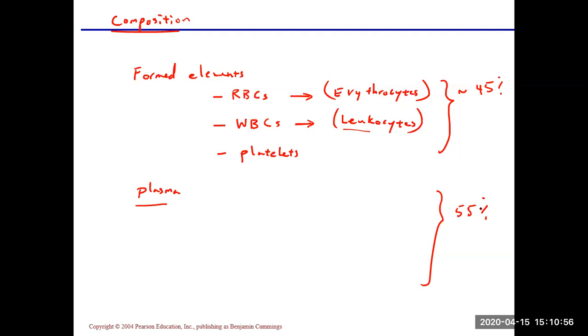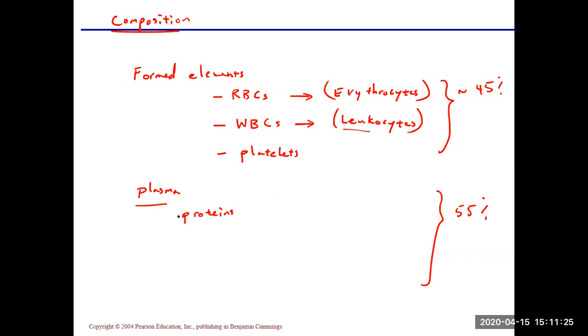So what is inside of the plasma? Well, the plasma consists of mostly water. But plasma also contains protein. You might have heard about albumin, globulin, clotting proteins.